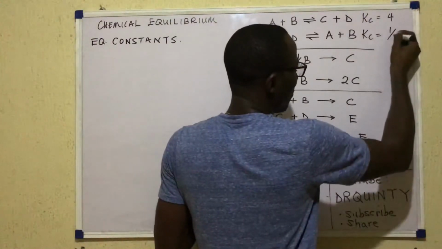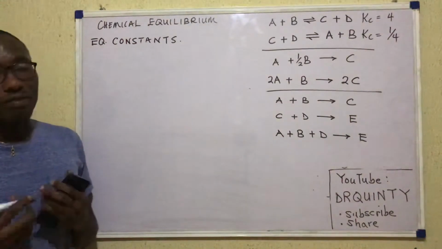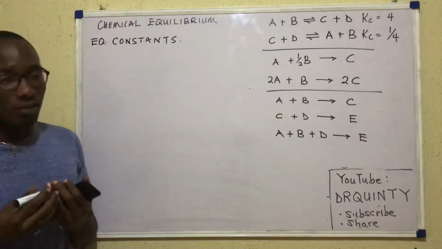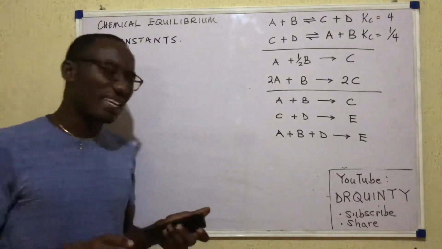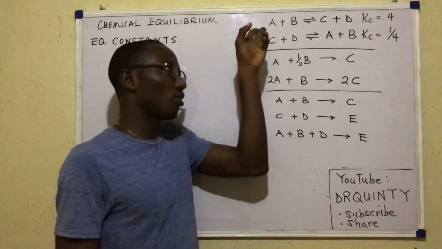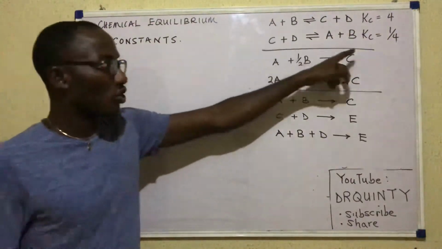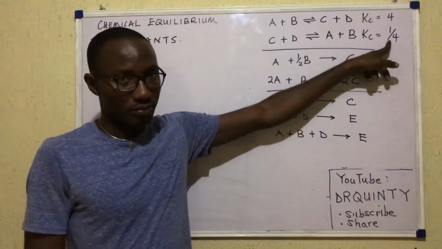By inverse, I mean 1 over 4. So 1 over 4, which is the inverse of 4, will be the Kc of a reaction that is the reverse of a reaction whose Kc is 4. So if you reverse a reaction, you invert the Kc.